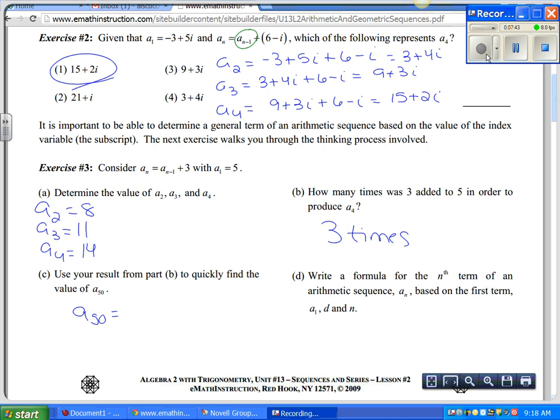Multiplication. So remember that formula that we determined yesterday? So what's my first term? 5. I need that, right? So I have my first term, and then I'm going to add to my first term how many 3's? 49 3's. Does that make sense?